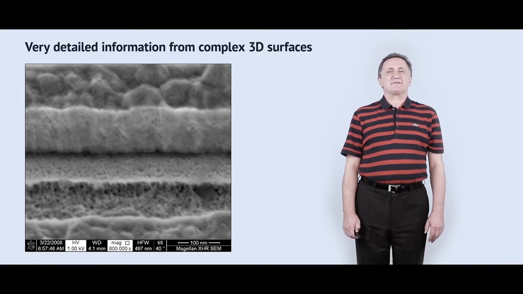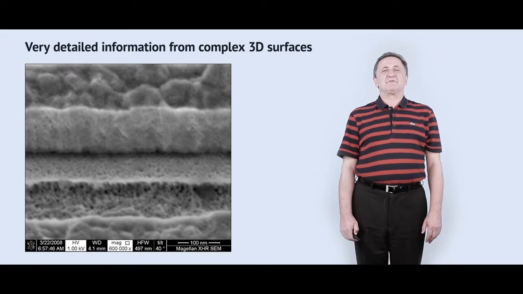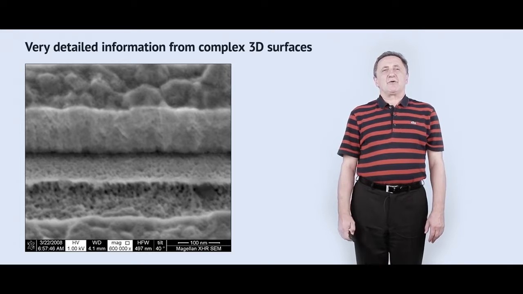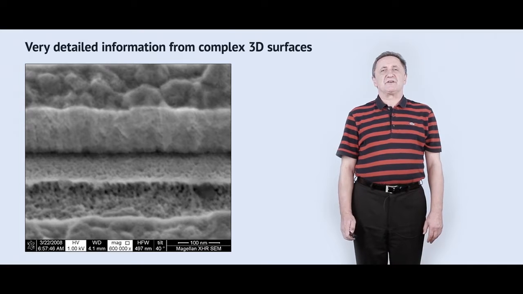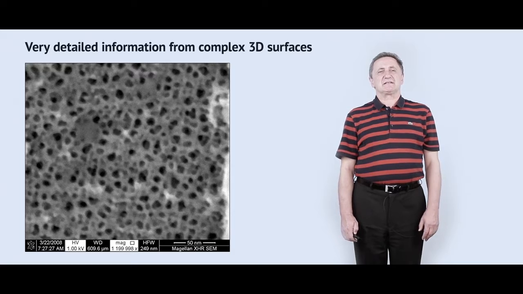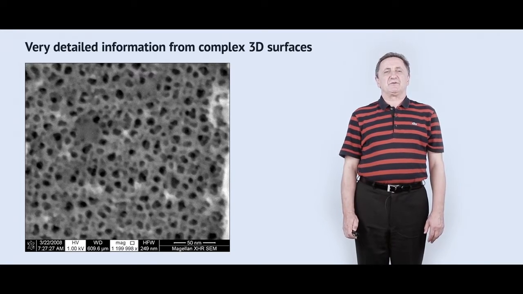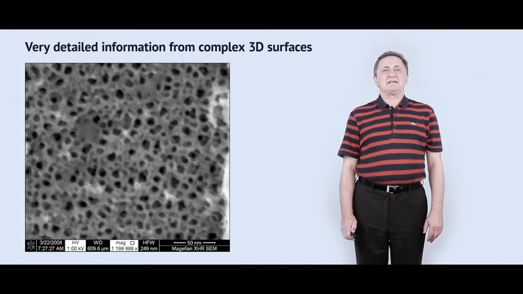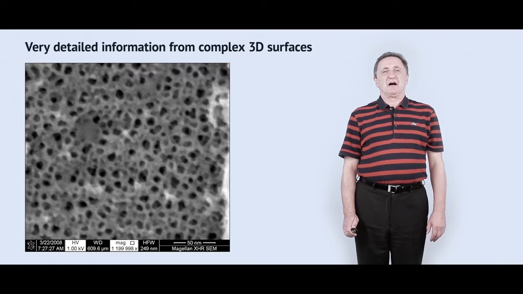Many examples can be shown, and they're indeed beautiful, which demonstrate the contrast and details which you can obtain on very complex 3D surfaces with different levels of magnification. Again, this screen demonstrates this ability, and with magnification now up to 3 million, you can see the typical features of this substance.